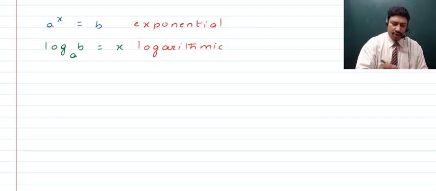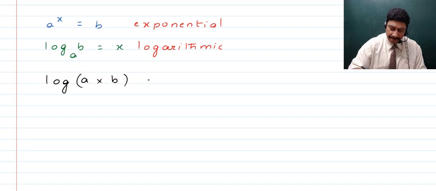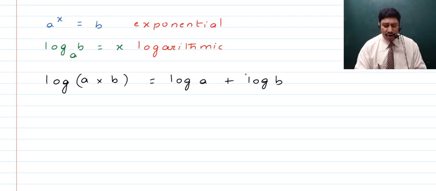Now here, children, we will quickly be discussing a few rules with regards to logarithm. If you talk about log of a multiplied with b, then we can write it as log of a to which log of b can be added. Obviously the base, whatever it was earlier, will remain the same later.